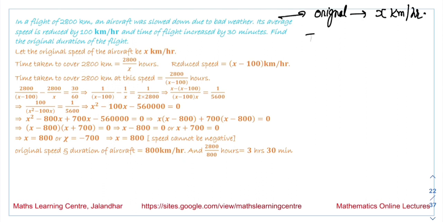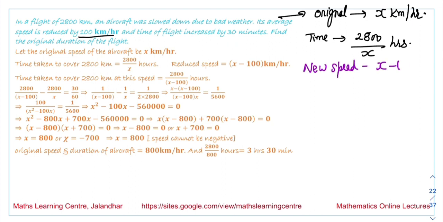Then the actual time that was to be taken should be 2800 over x hours. Now the speed is reduced by 100 kilometer per hour, so the new speed is x minus 100 kilometer per hour.